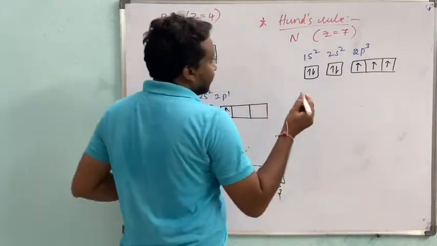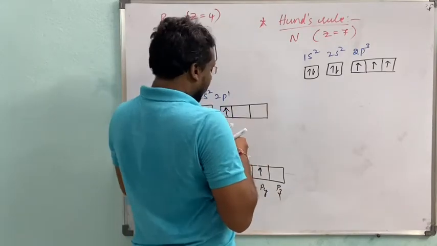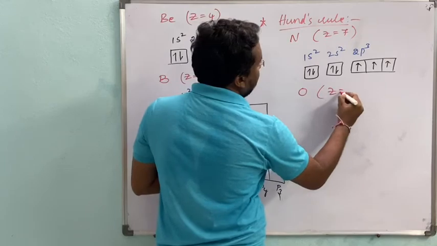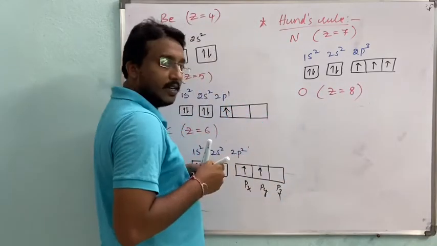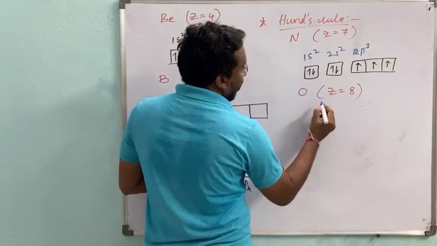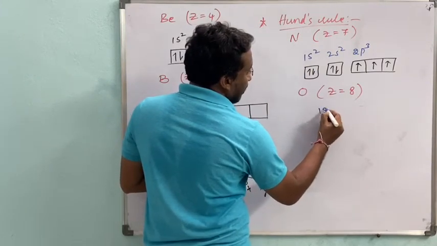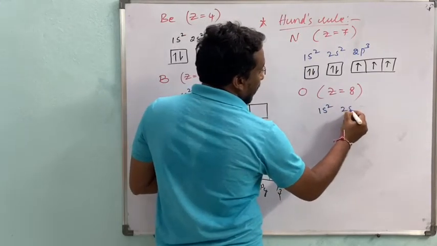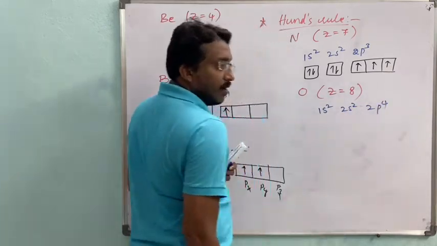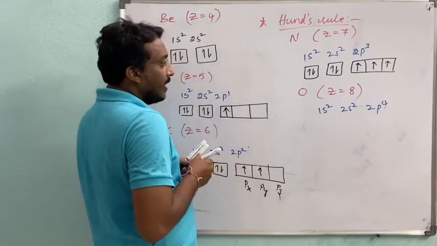Next example is oxygen. Its atomic number is 8. Then the electronic configuration, 8 electrons we have to distribute: 1s2, 2s2 and 2p4. Got it?